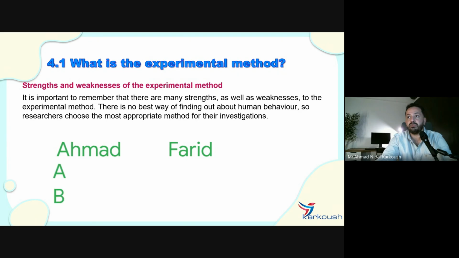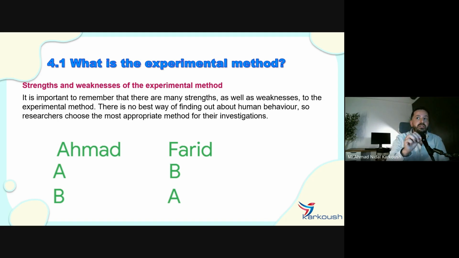But Farid will go through condition B first and then A. Why am I doing this? This is called counterbalancing. I'm doing it to make sure that the order doesn't have an effect. Well, the order will still have an effect, but at least my results are varied so that I actually get numbers that I can rely on.